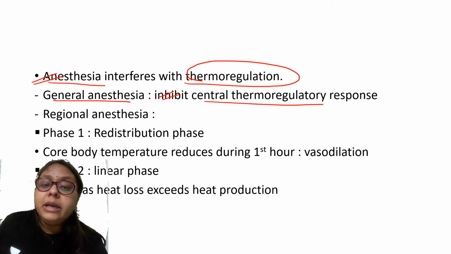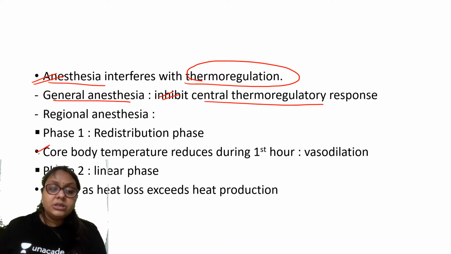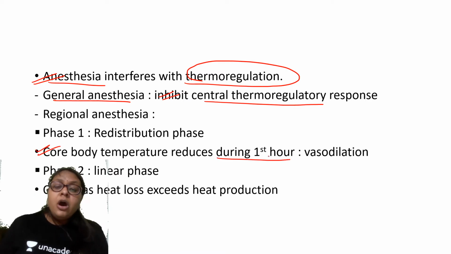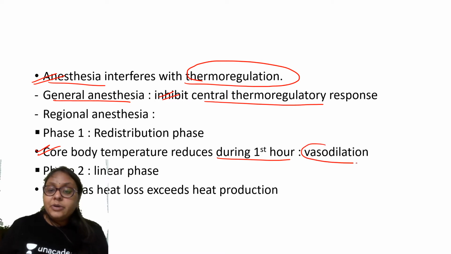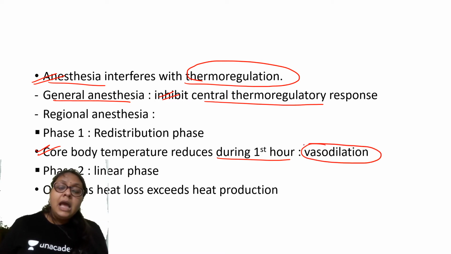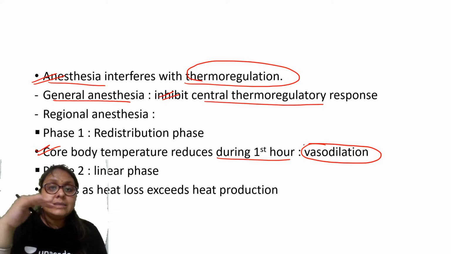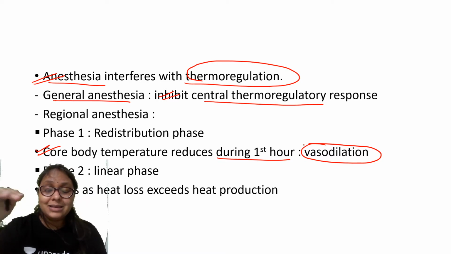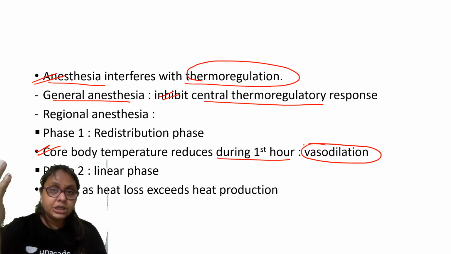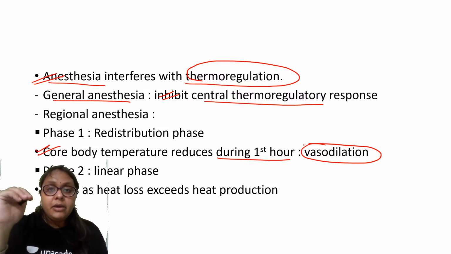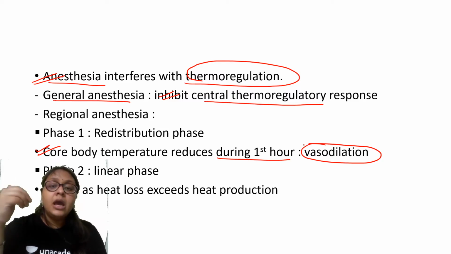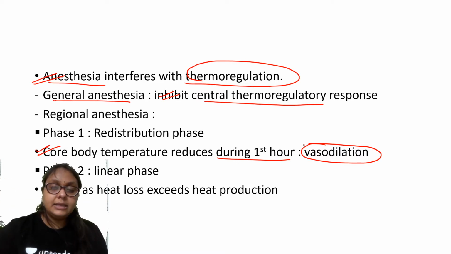So the core body temperature reduces during the first hour of regional anesthesia, and that is because of the vasodilation. Then there is phase 2, the linear phase. Why does it happen? Because the heat loss exceeds the heat production, and therefore there is loss of heat. This happens in regional anesthesia.